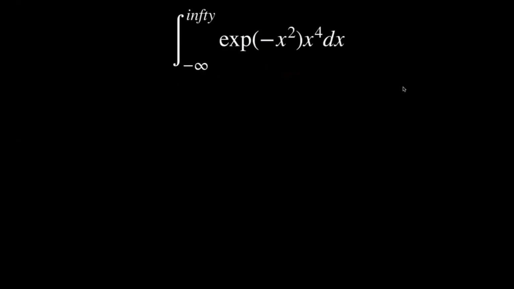So let's compute this function. The limits are infinity. So I need 3 points, right? But this is the default weight function, so we only need to worry about this polynomial, and we need the 3 points. With n equal to 3, the answer is this, and it is exact.